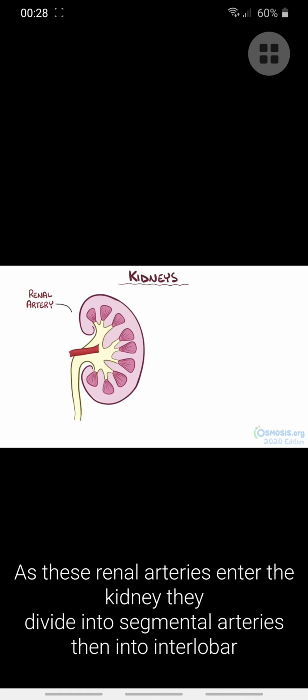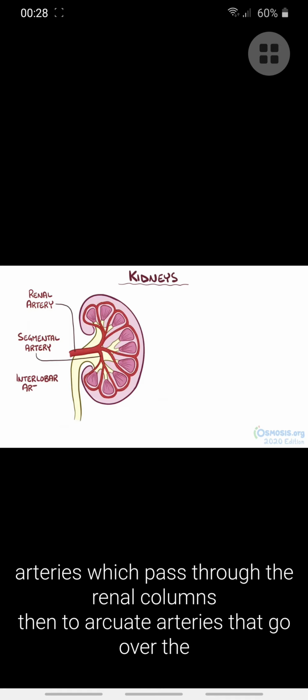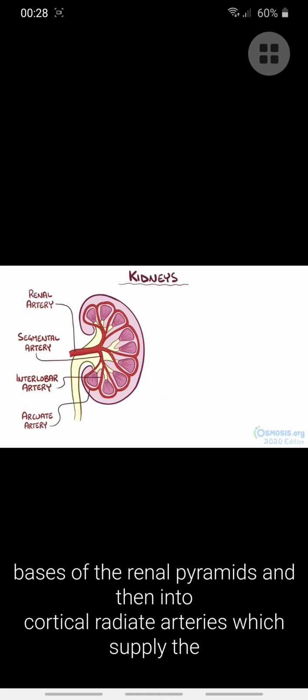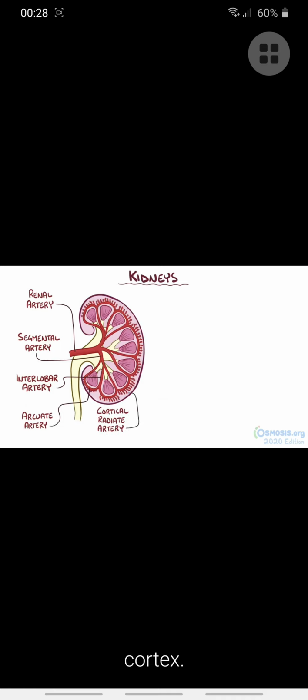As these renal arteries enter the kidney, they divide into segmental arteries, then into interlobar arteries, which pass through the renal columns, then to arcuate arteries at the bases of the renal pyramids, and then to cortical radiate arteries, which supply the cortex.